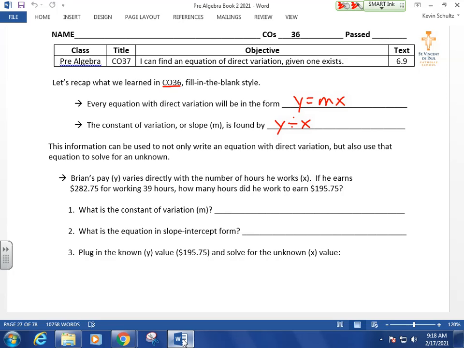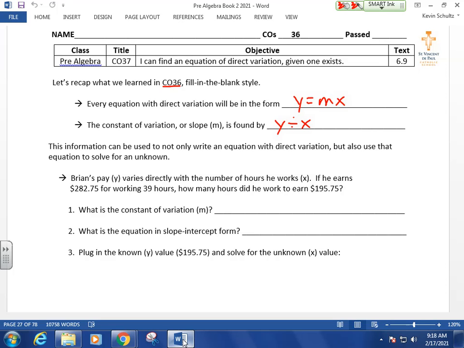If you work less hours, you're going to make less pay. And the fact that it varies directly means that there's a direct relationship between hours worked and pay. Okay? If he earns $282.75 for working 39 hours, how many hours did he work to earn $195.75?